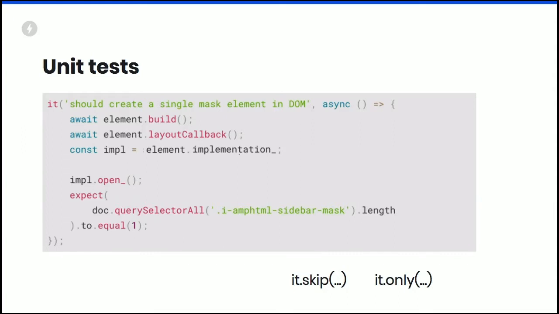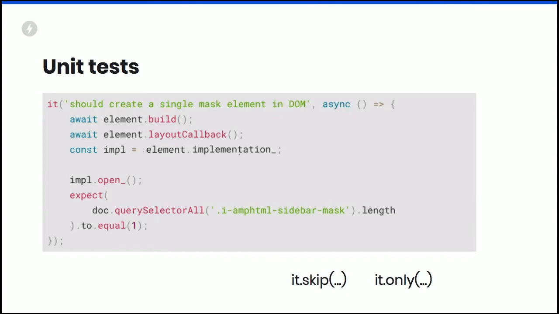All right, next we'll take a look at an example test case. In this case, there's first a simple description of what we're testing, followed by a function using the async await pattern. So it waits for the element to build and layout to complete before proceeding to check on the thing we're testing. You'll notice here that open is a method inside the sidebar component, but we can call that method here by using element.implementation.